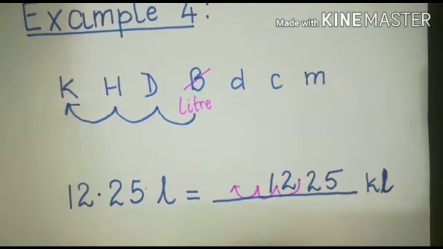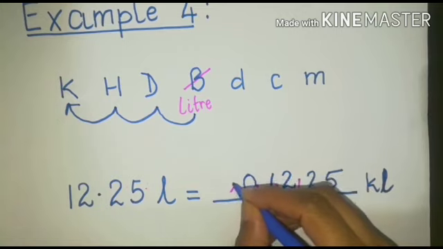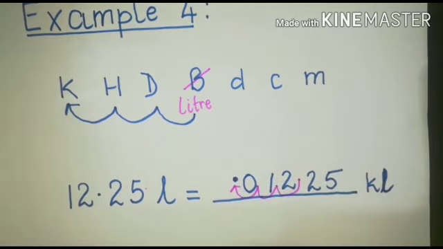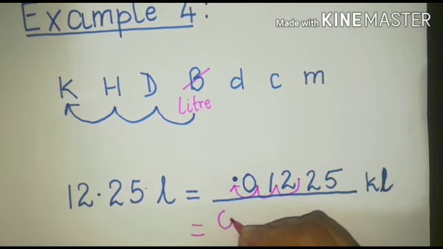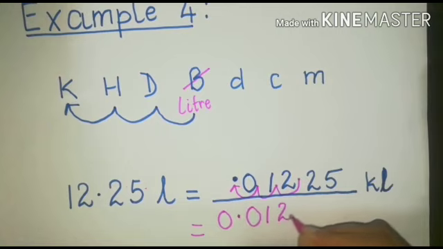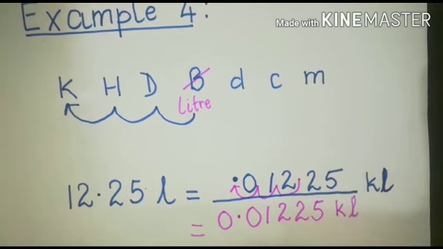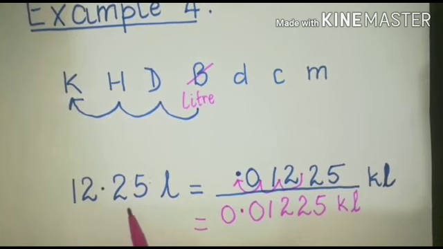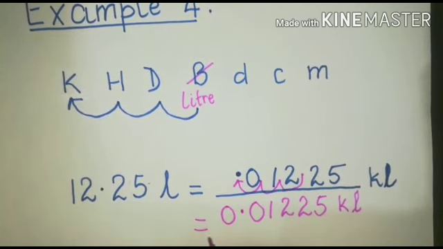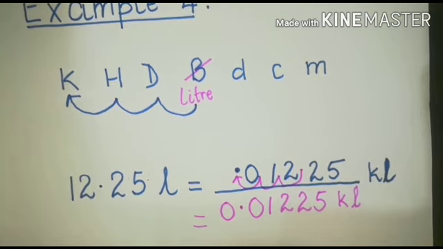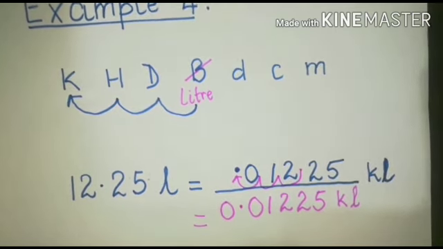I will add a 0 and then I will put my decimal point there. So, my answer will be 0.01225 kiloliter. So 12.25 liter is equal to 0.01225 kiloliter. So students, please practice some more examples of this.